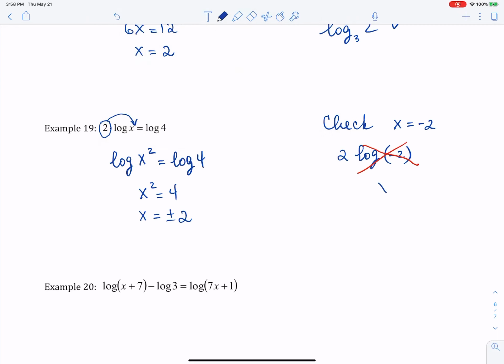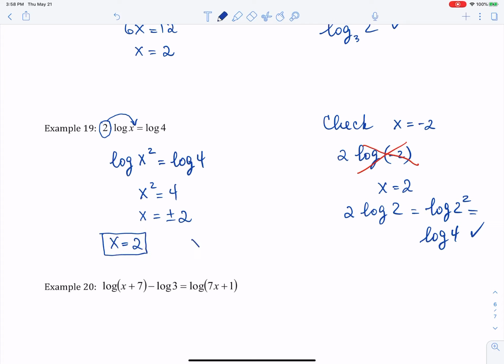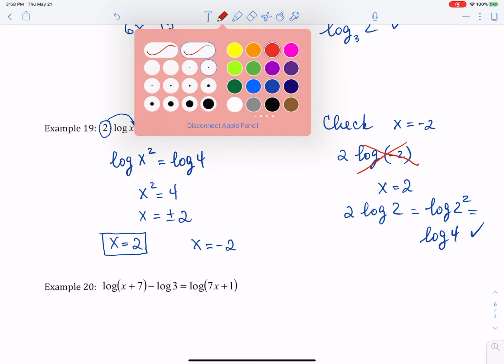And if we check with x equal to 2, that's 2 times logarithm of 2, which is logarithm of 2 squared, and I'm receiving logarithm of 4, which I was needing. So x is equal to 2 is the only solution. x equal to negative 2 is an extraneous solution.